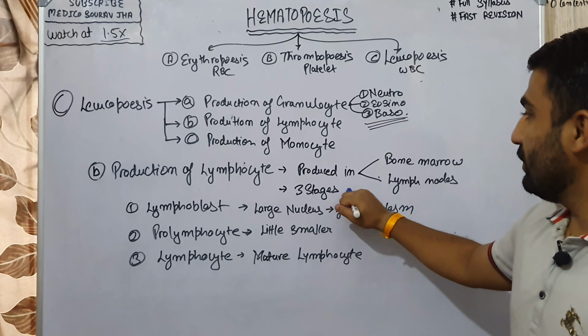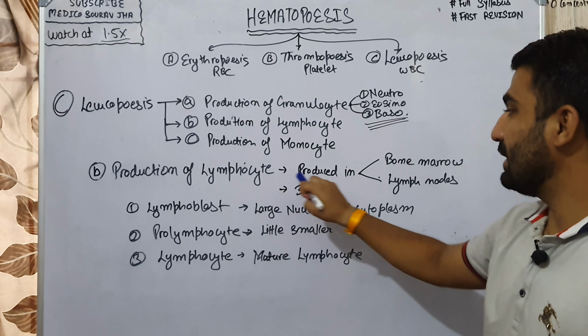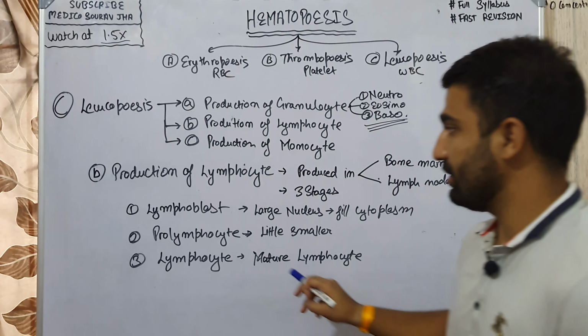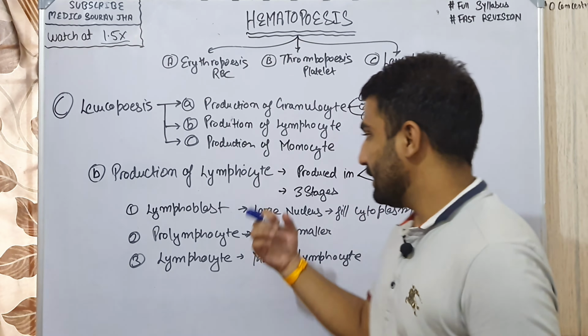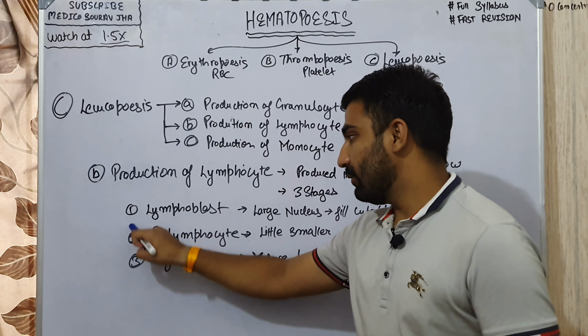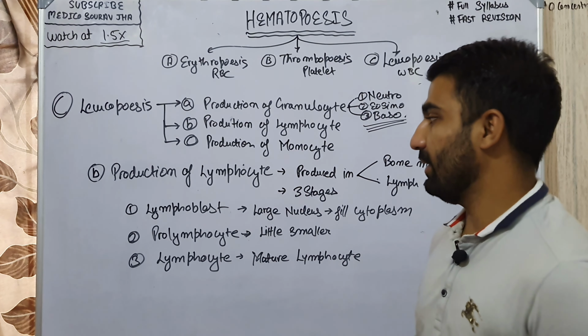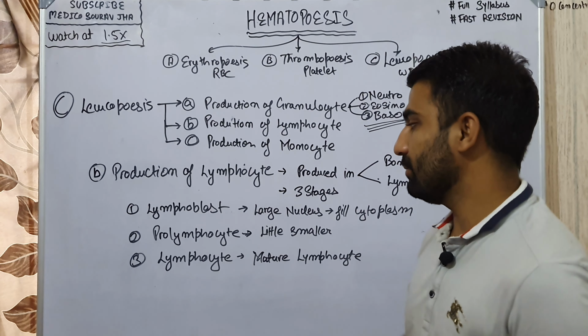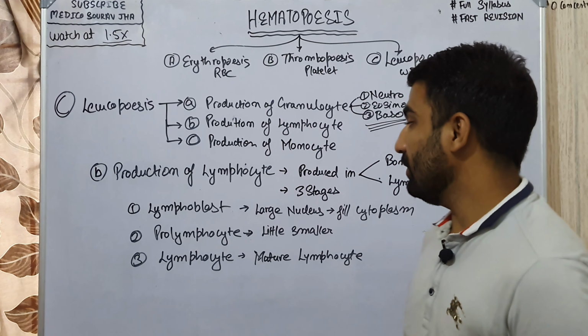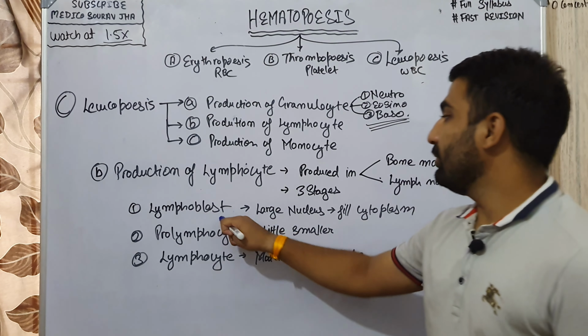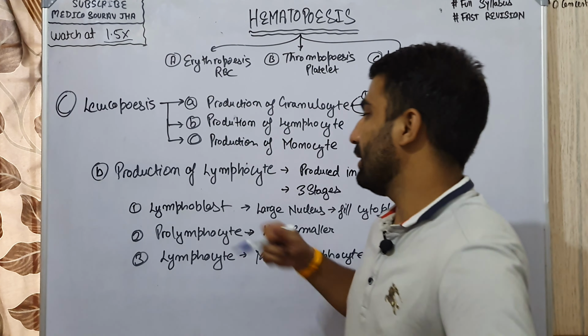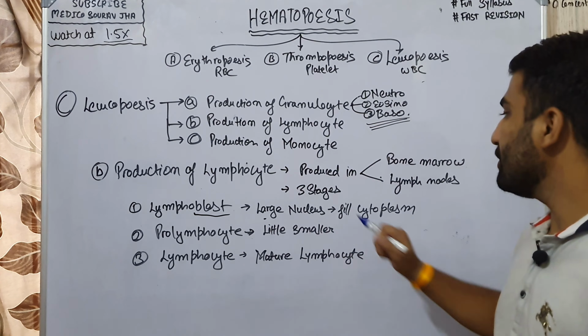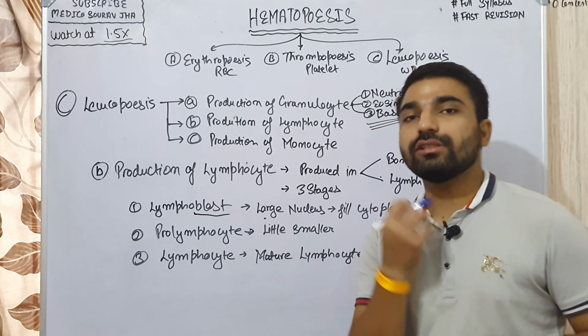The production of lymphocyte occurs in 3 stages. Let's get deep into it. First stage is lymphoblast, second is prolymphocyte, and third is lymphocyte.